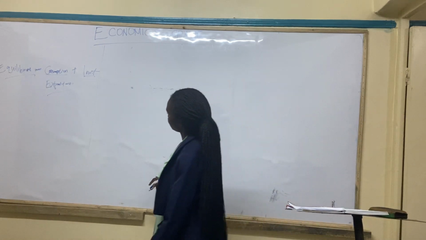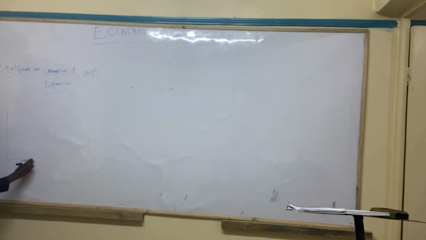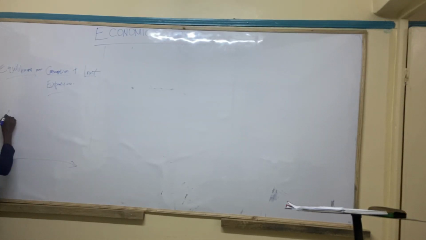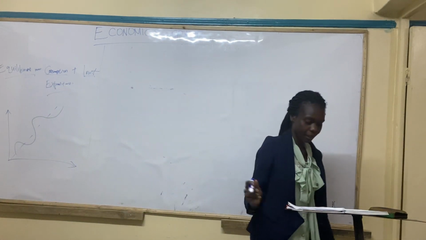So this one illustrates. When a fluctuation of income occurs, a curve will look like this. It's not straight. When there is no fluctuation, the curve is straight. When there is fluctuation, the curve is curved.